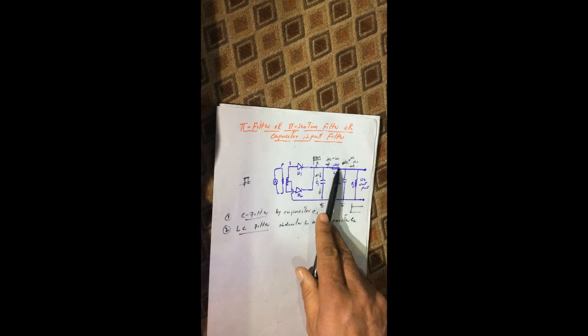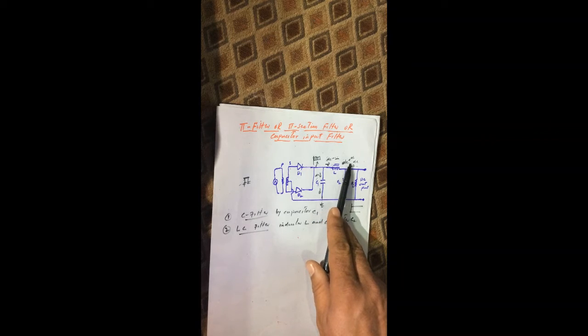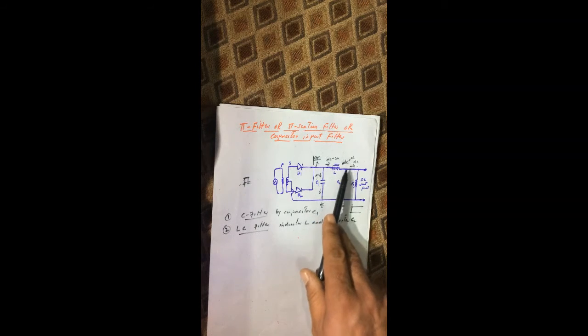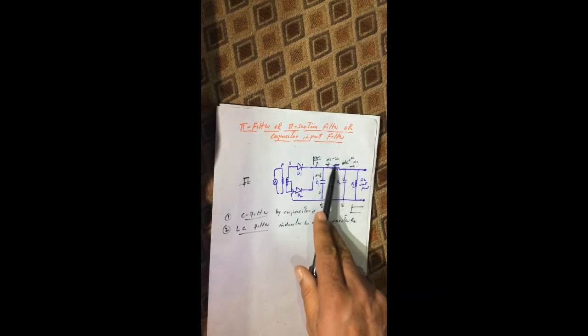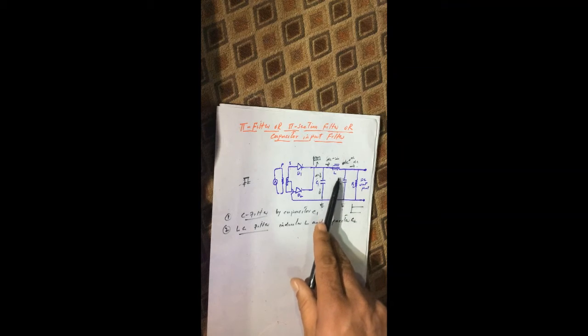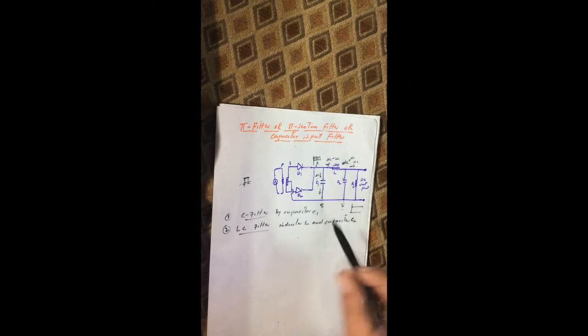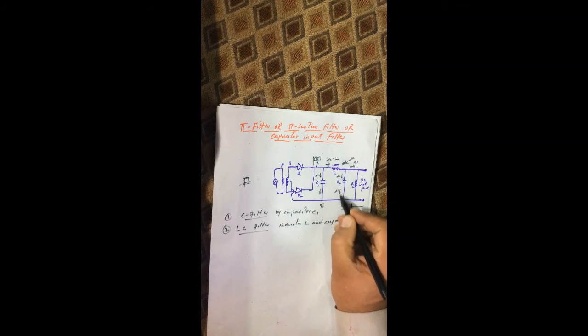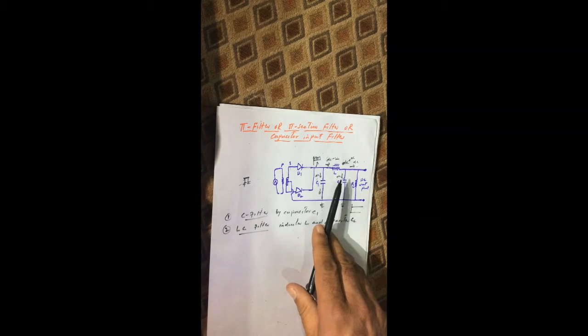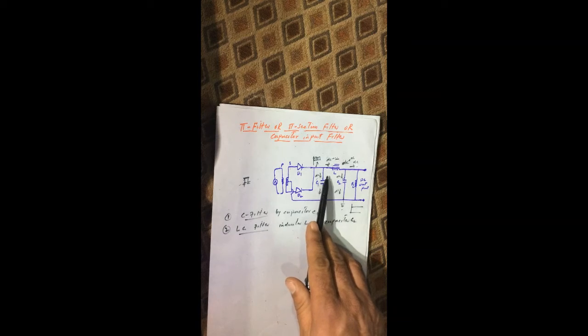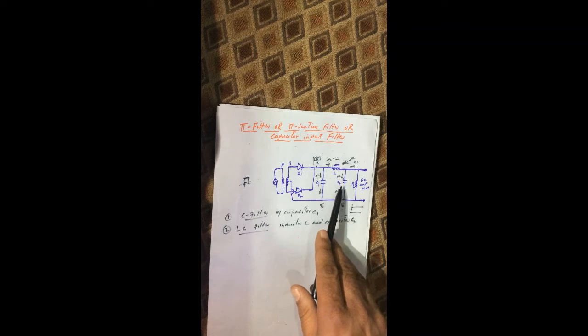Now after passing through the inductor, there is still a very small AC component present in the output of this inductor. Now the capacitor C2 of this LC filter bypasses that small AC component to the ground, which was not filtered by the inductor.